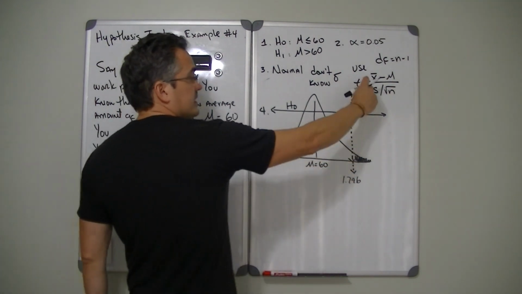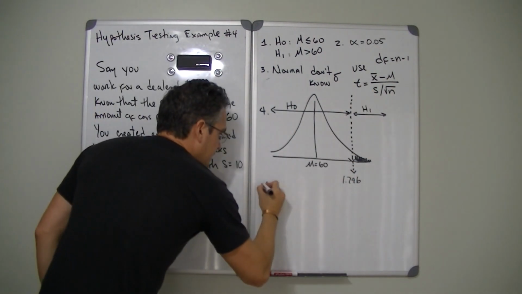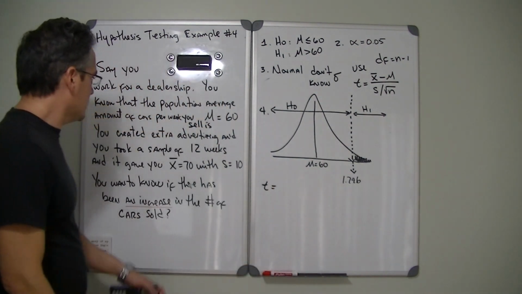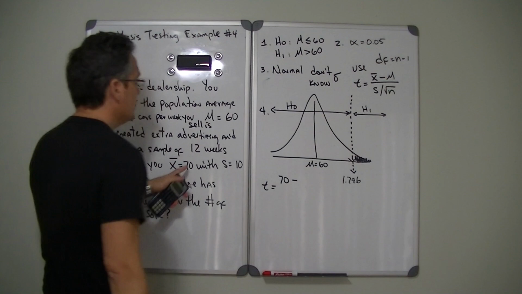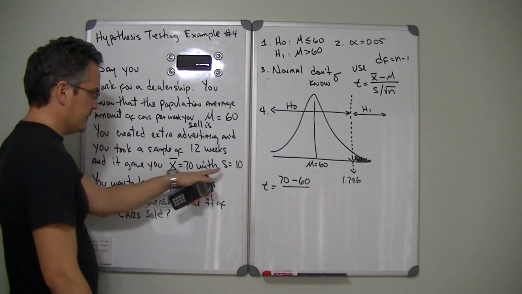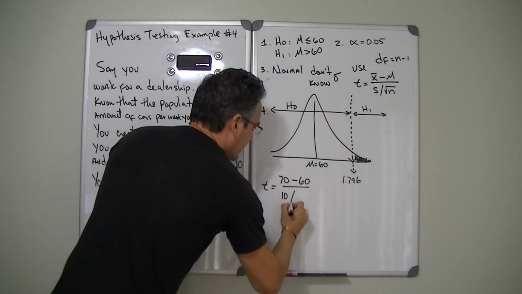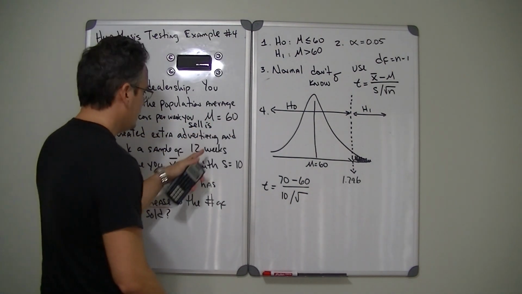And we conduct the test by basically plugging in the numbers and getting a t. So in this case, t is going to be equal to x bar, which is 70, minus mu, which is 60, divided by s, which is 10, and that divided by square root of n, which is 12.